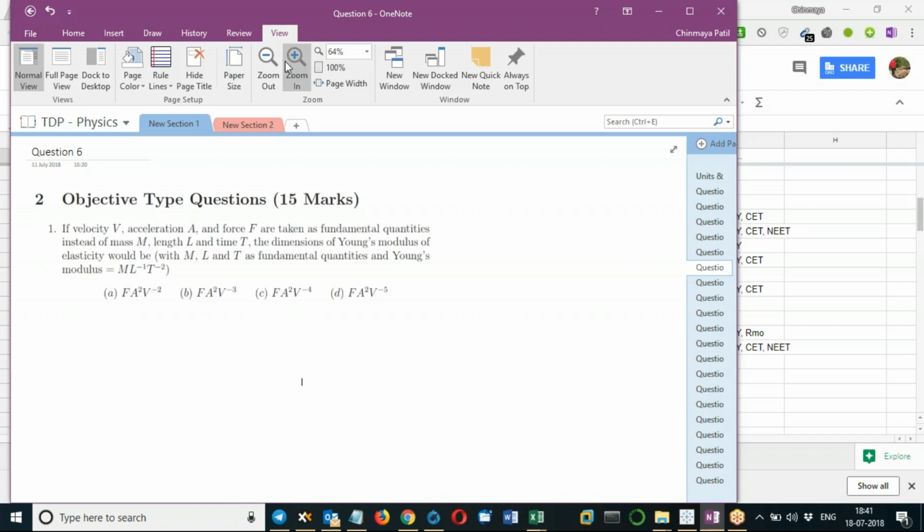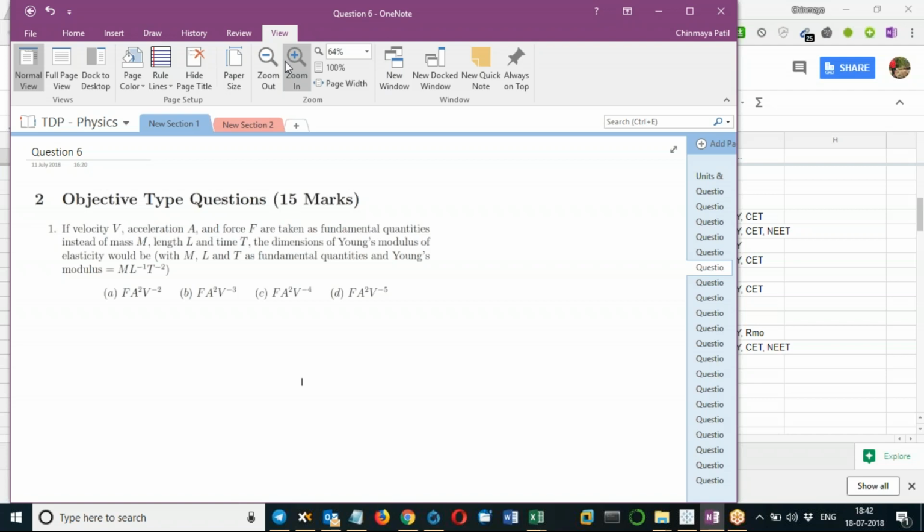As you know, the fundamental quantities are mass, length, time, electric current, thermodynamic temperature, amount of substance which is mole, and luminous intensity which is candela.